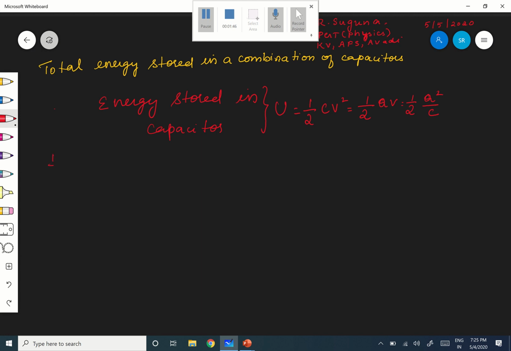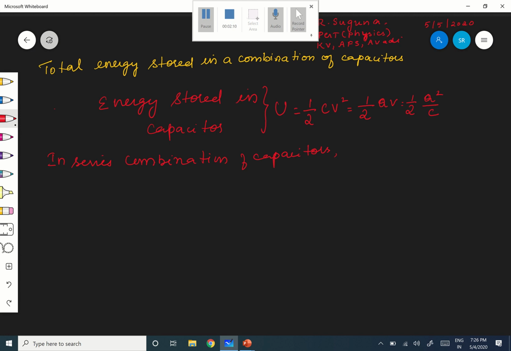In series combination of capacitors, which is constant when the capacitors are connected in series? One factor is constant. What is that? Q. Already we have seen that.